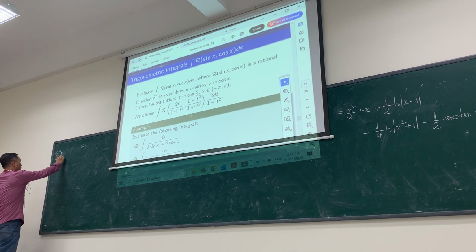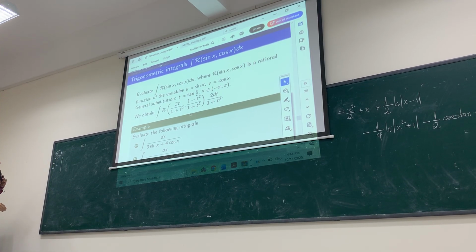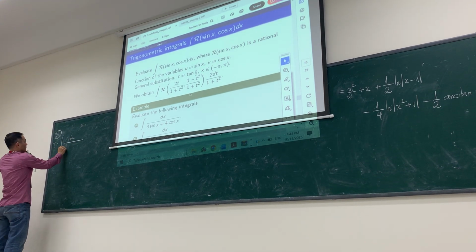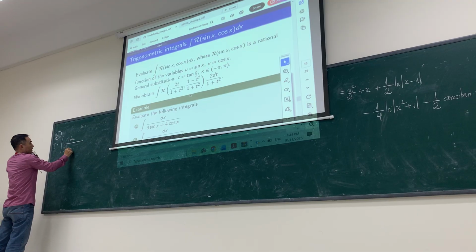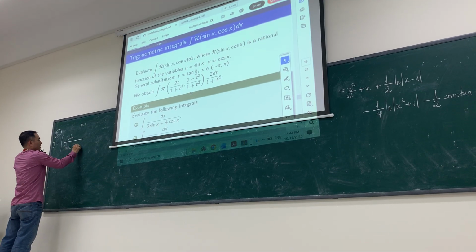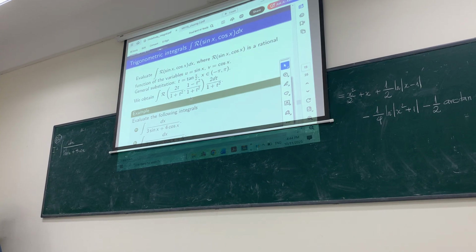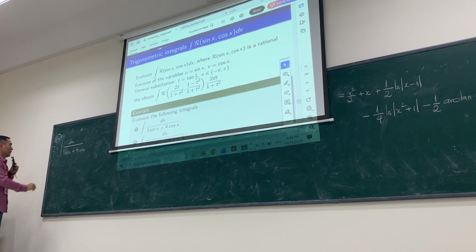Okay, now we want to estimate the trigonometric integral dx over 3 sin x plus 4 cosine x. Now, solution.